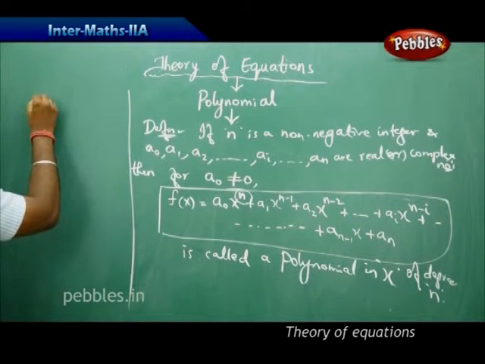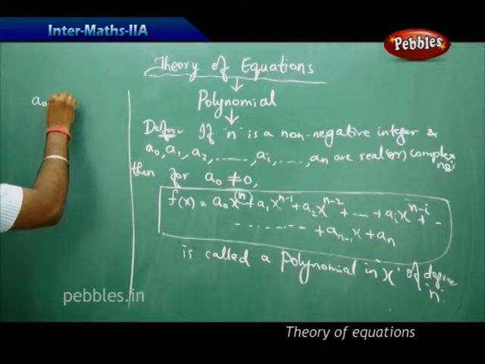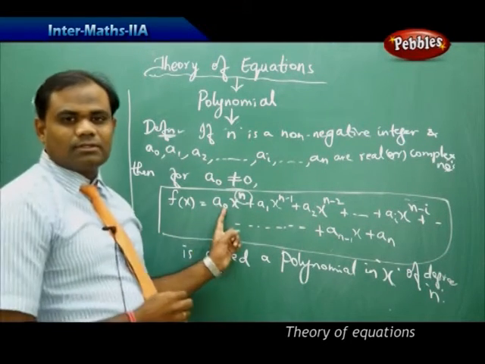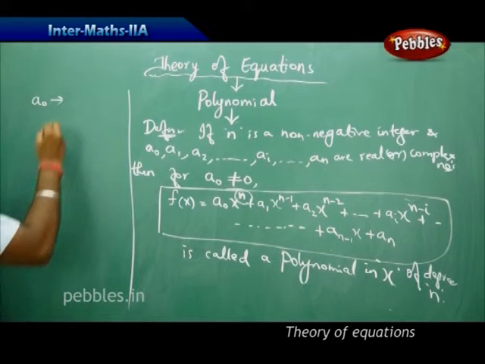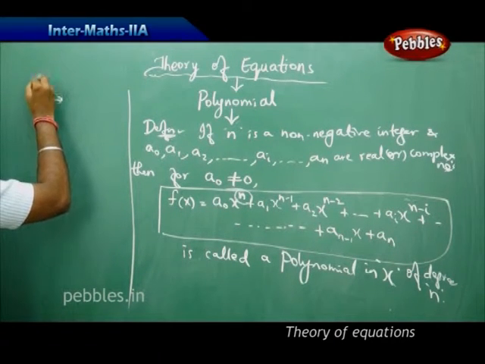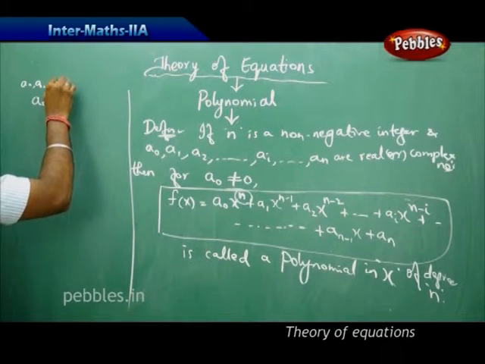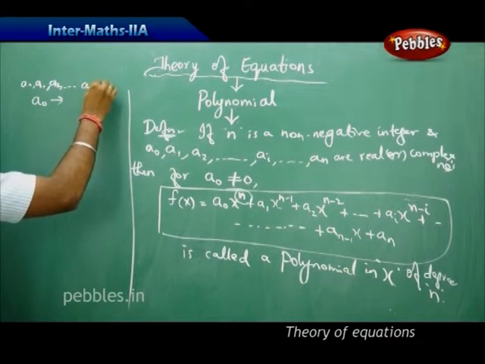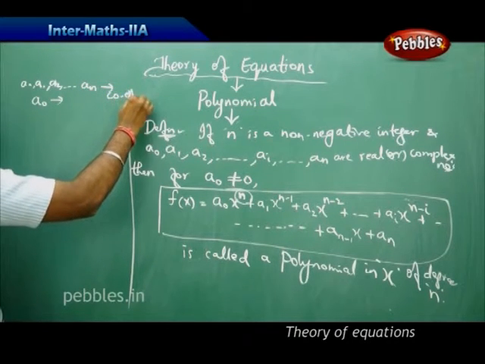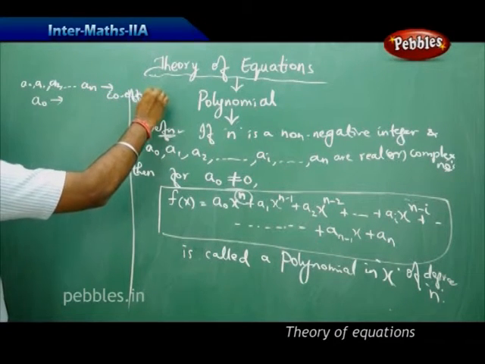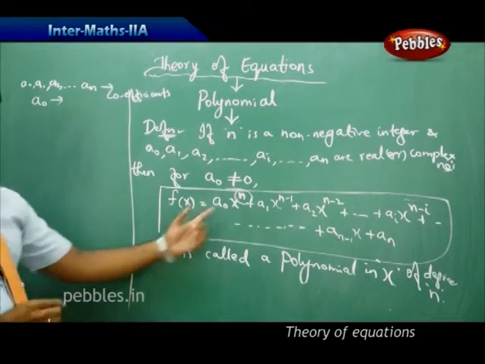Here, the special property is that each of the ai, or a0, a1, a2, so on till an, are called coefficients of the given polynomial.